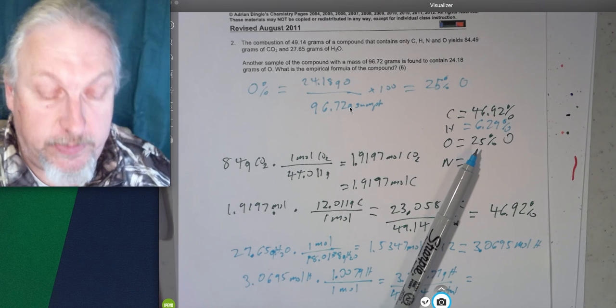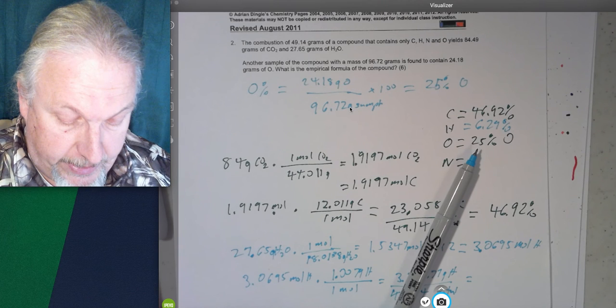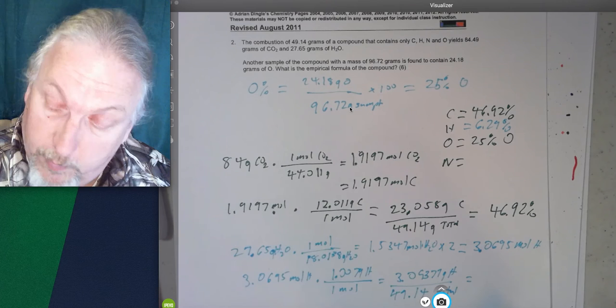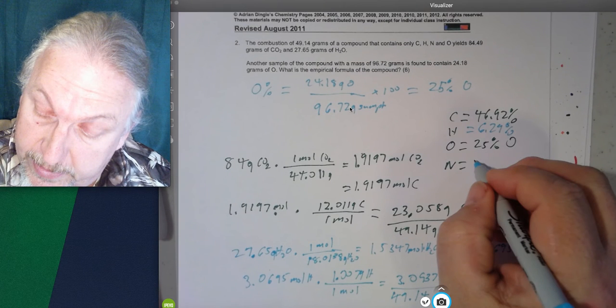Carbon 46.92, hydrogen 6.29, oxygen 25%, nitrogen 21.79%. Now, if we divide by the atomic masses of all these, oxygen 16.00, nitrogen 14.007, carbon is 46.92 divided by 12.011.